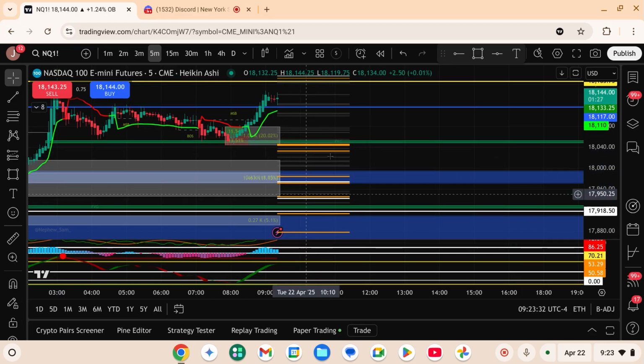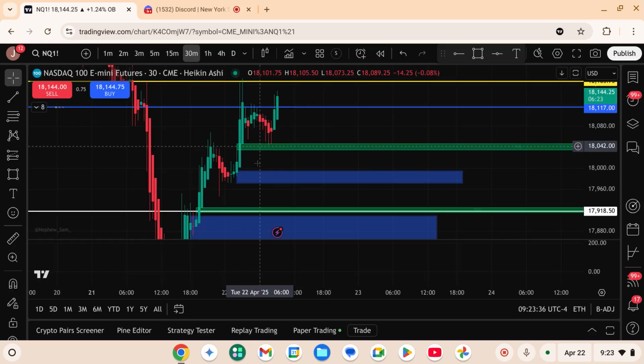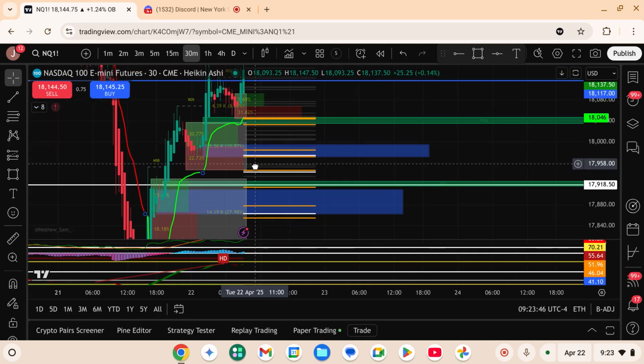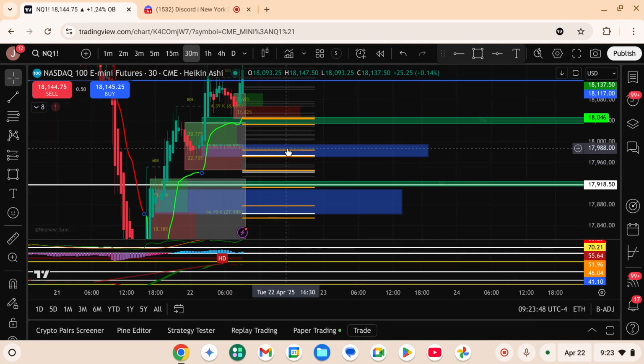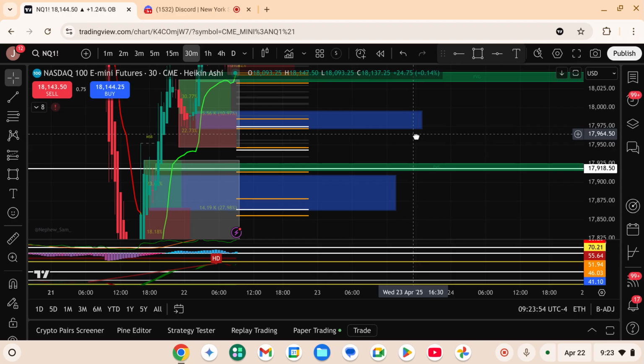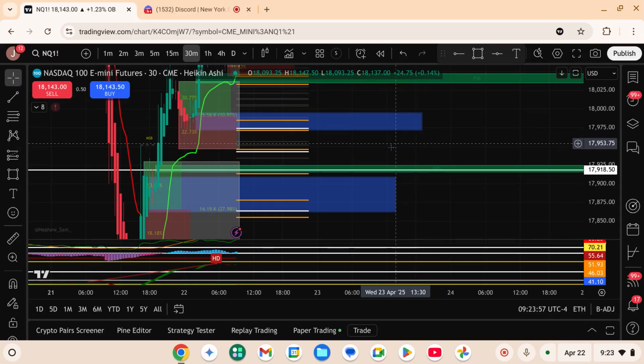So you got all that liquidity inside this one order block here. So that'll be like the first area it should start to try to reverse from. Now, if it breaks below that, it's going to try to take out this because there's a gap right here.